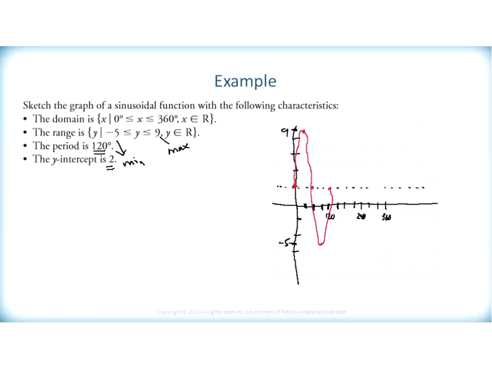So we're going to go back to our max again. And then back to our midline, down to our minimum, and back here to our midline. And I'm going to change colors to continue.